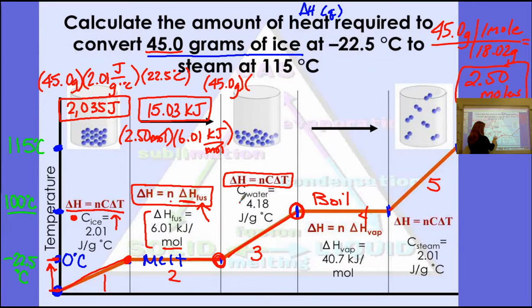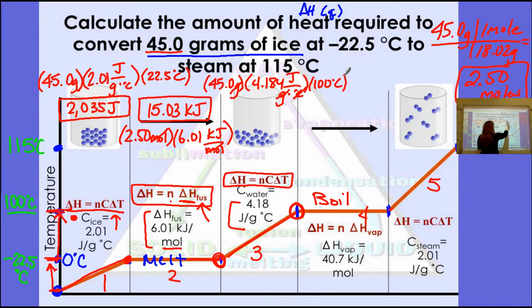The C value for water is 4.184 joules over gram times degrees Celsius. And now I want my temperature change, but just for this part 3. I'm taking it from the melting point up to the boiling point, from 0 to 100. 100 minus 0 is 100 degrees Celsius.